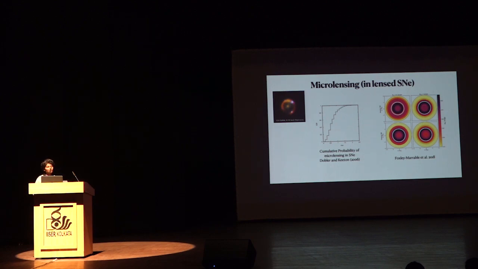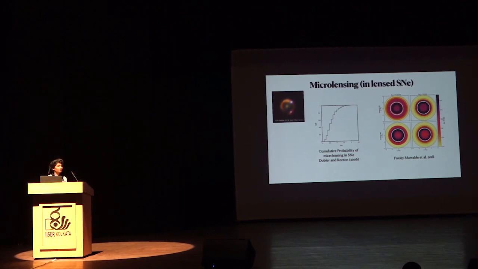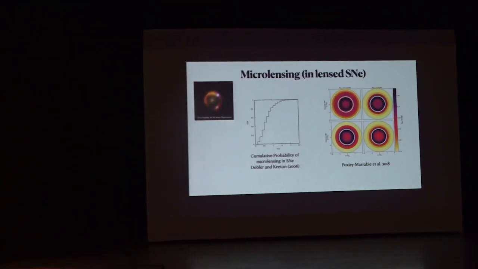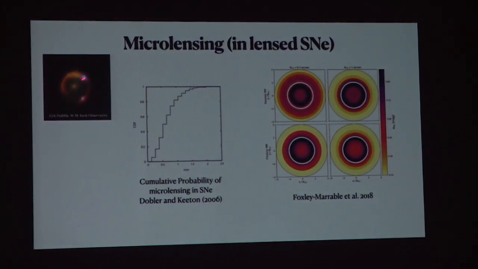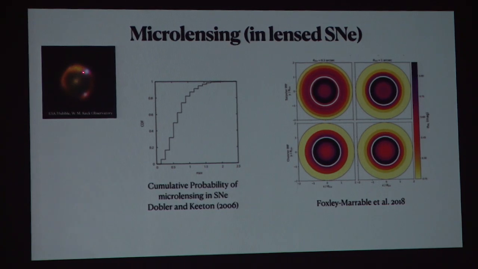So I want to talk about microlensing for a bit, because as I mentioned, for lensed supernovae, this is much more of a problem. I'm talking about the microlensing effect arising from the compact population located in the foreground lensing galaxies, like stars, which happen to be close to these images.